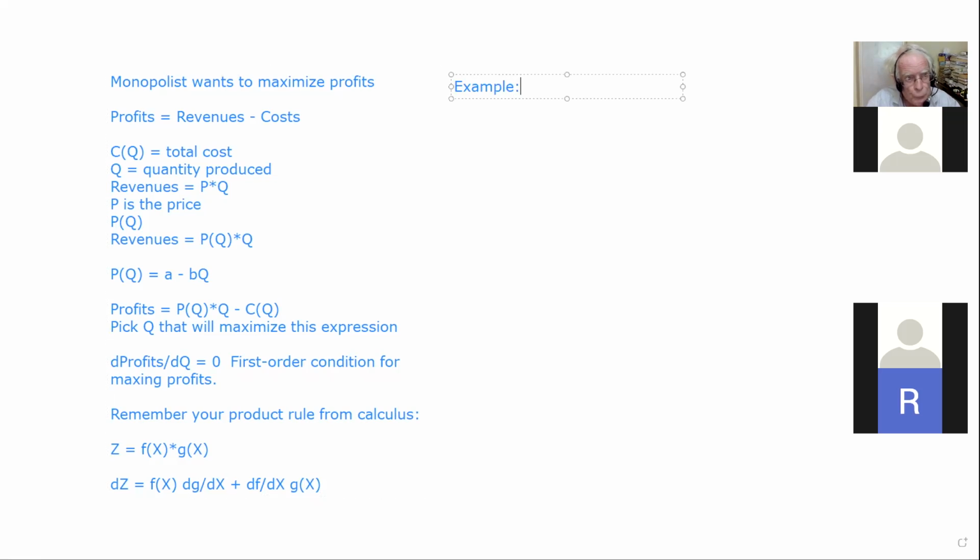So in this example, suppose that the f function is equal to 2x, and the g function is equal to 3x.